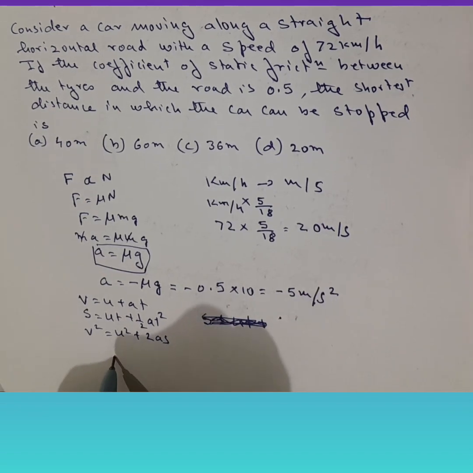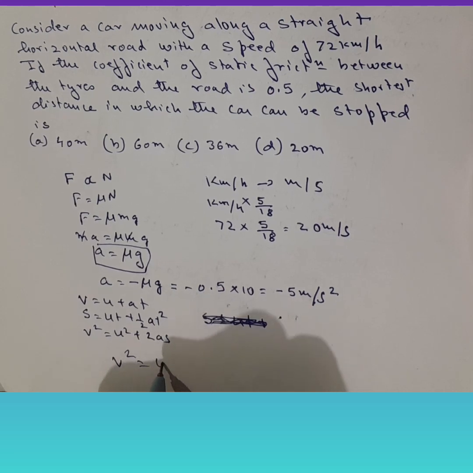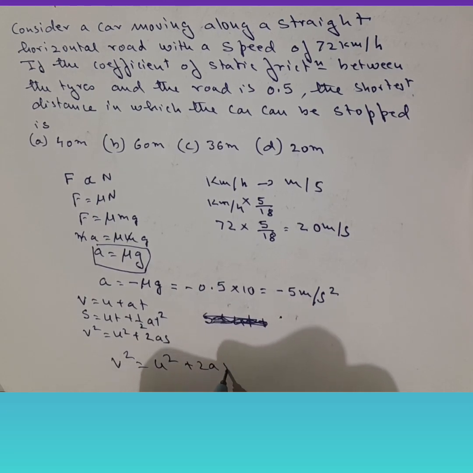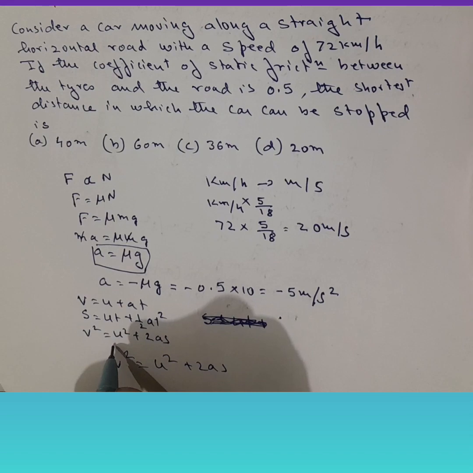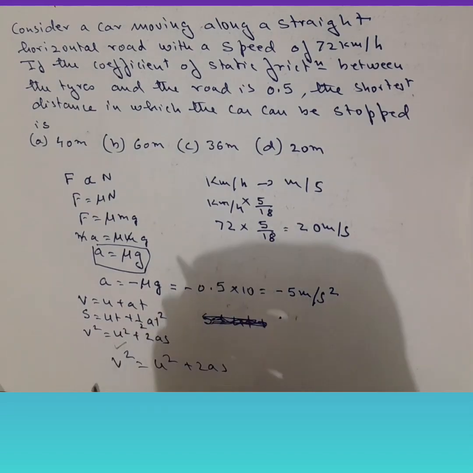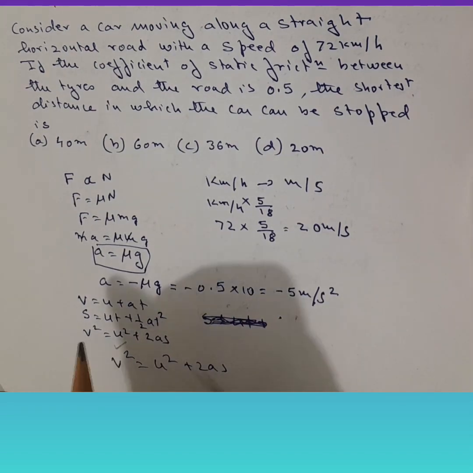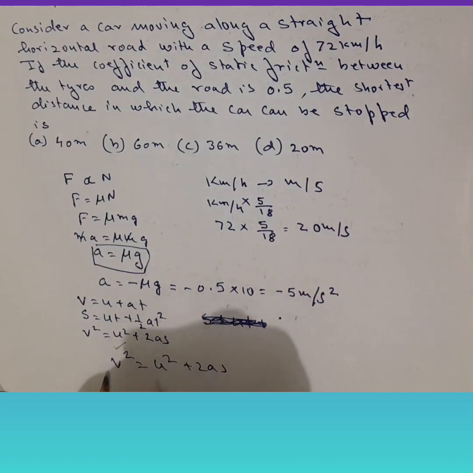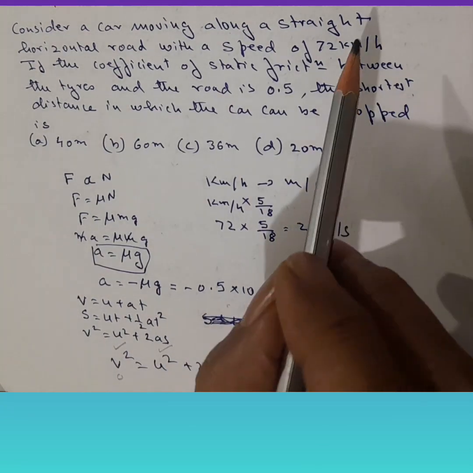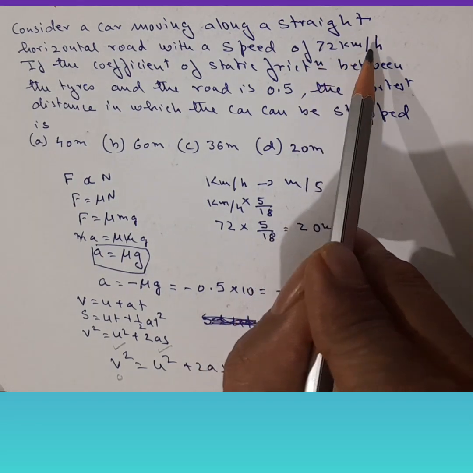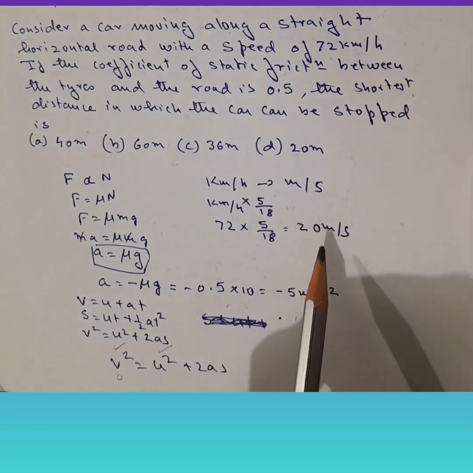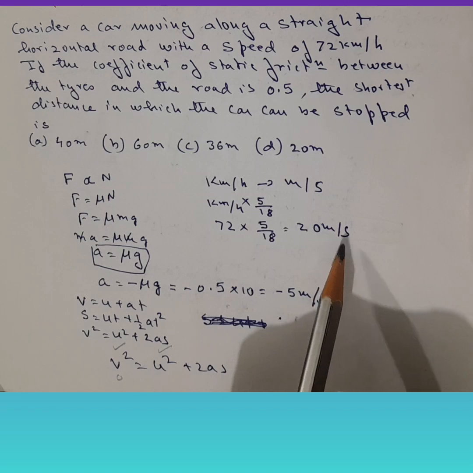So if I jot down this equation, that is v square is equal to u square plus 2as. In this case we know v, stopped, that is 0. We know u, which was provided as 72 kilometers per hour, and we converted it to 20 meters per second.